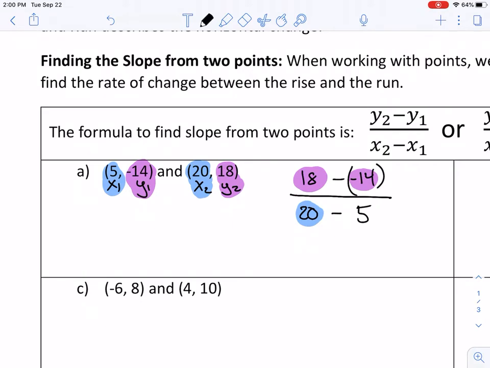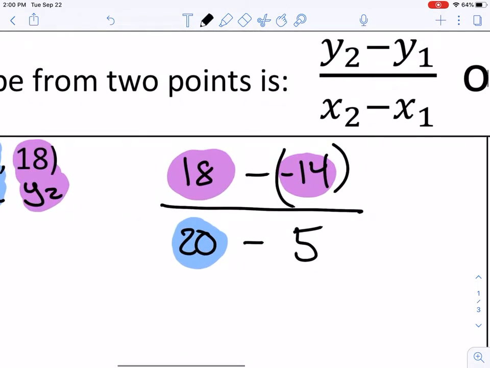And then what I'm doing is if I have double signs on the inside like I have here, I can slash and dash, or you can just think of it as this is saying the opposite of a negative 14, which means it's a positive 14.